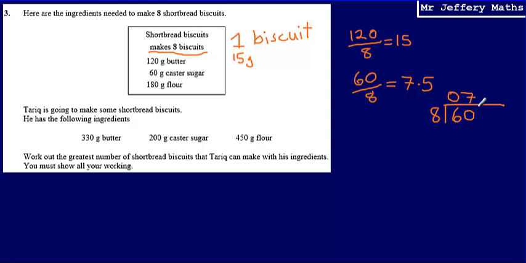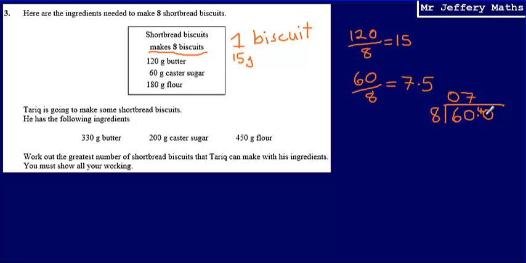Now, we don't want to write 7 remainder 4, we want it as a proper decimal. And so what we can do is put our decimal after the 60, and we can say that 60 is the same as 60.0. So we could put our remainder of 4 next to that placeholder.